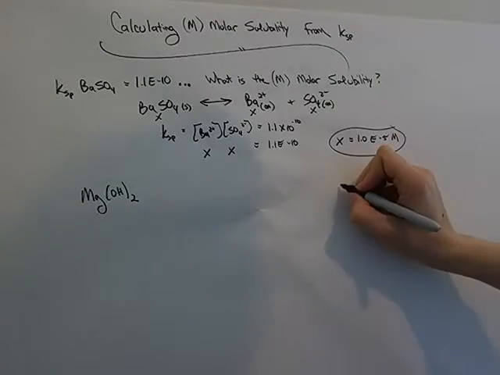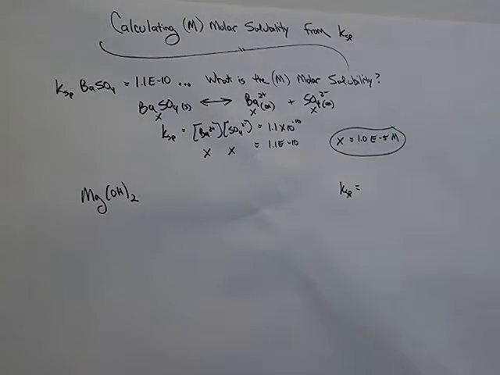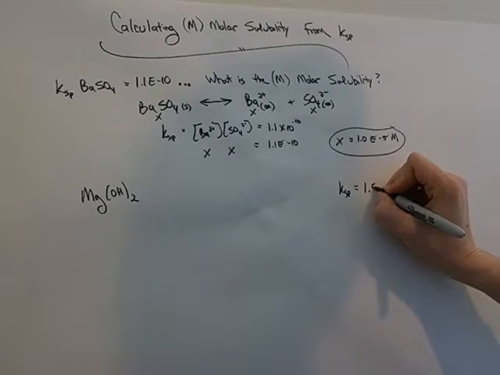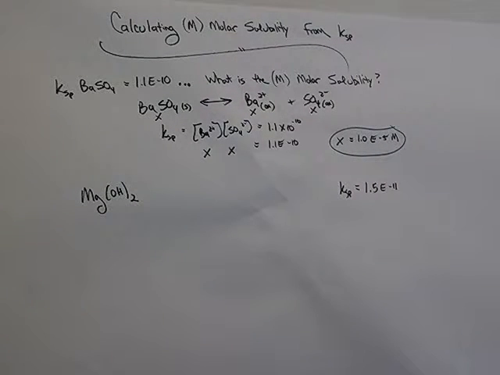We know that the KSP of something like magnesium hydroxide is 1.5 times 10 to the negative 11th. And I would like to know the molar solubility of saturated magnesium hydroxide in solution.